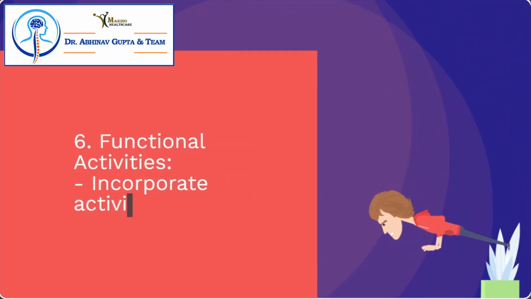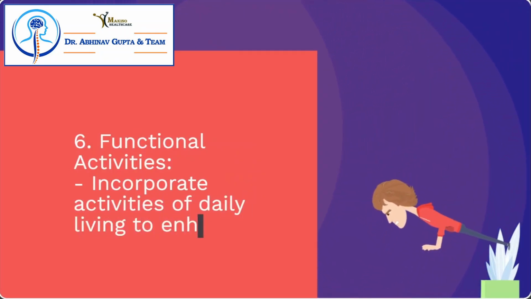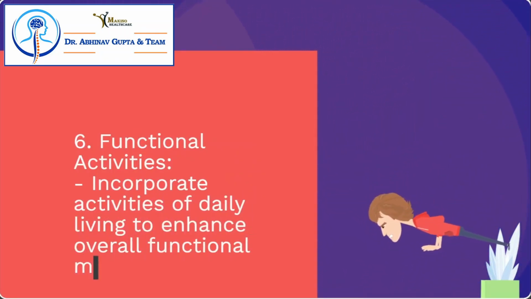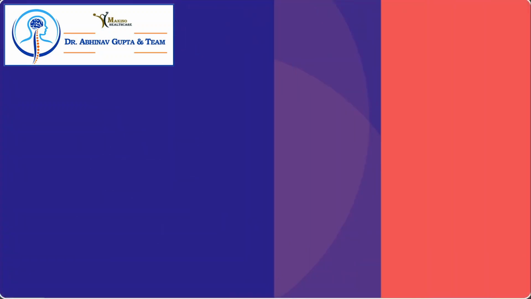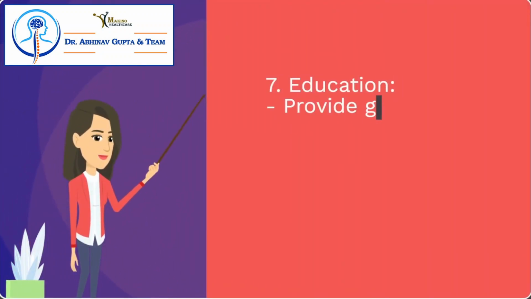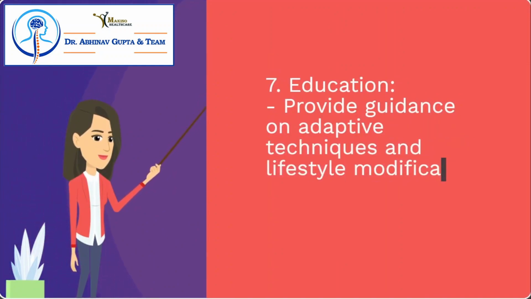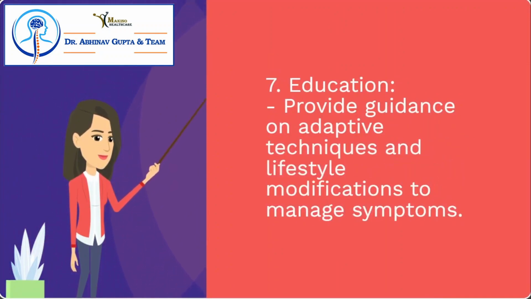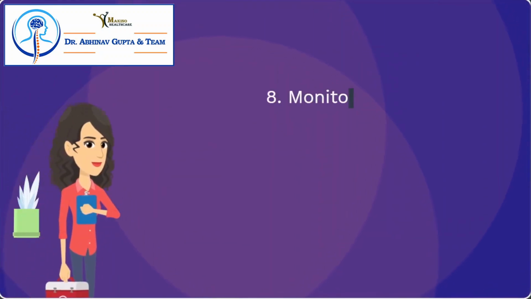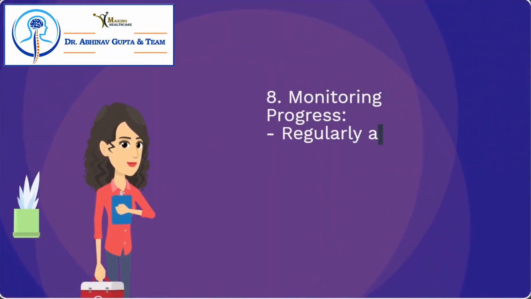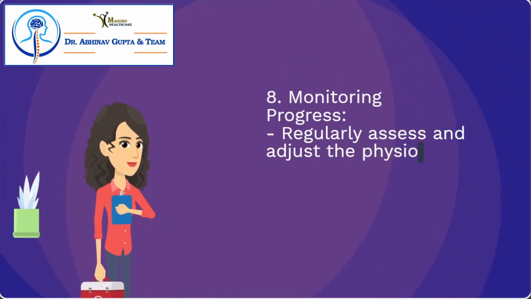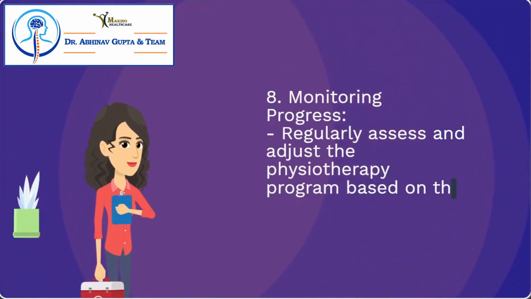Incorporate activities of daily living to enhance overall functional mobility. 7. Education. Provide guidance on adaptive techniques and lifestyle modifications to manage symptoms. 8. Monitoring progress. Regularly assess and adjust the physiotherapy program based on the patient's response and progression.